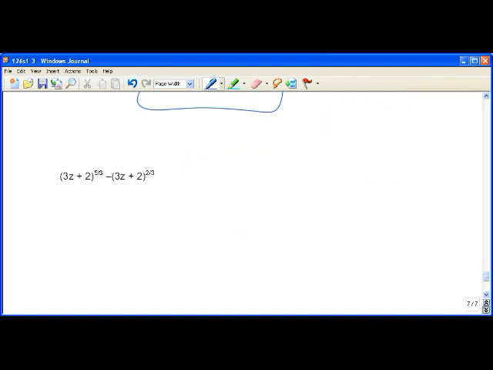Now notice this one, we have these fractional powers here as well. What is the smaller power? The 2/3. 2/3, yeah. So think of this as (3z plus 2) to the 2/3 is going to be on the outside. (3z plus 2) to the 5/3 divided by (3z plus 2) to the 2/3. I'm factoring that out.